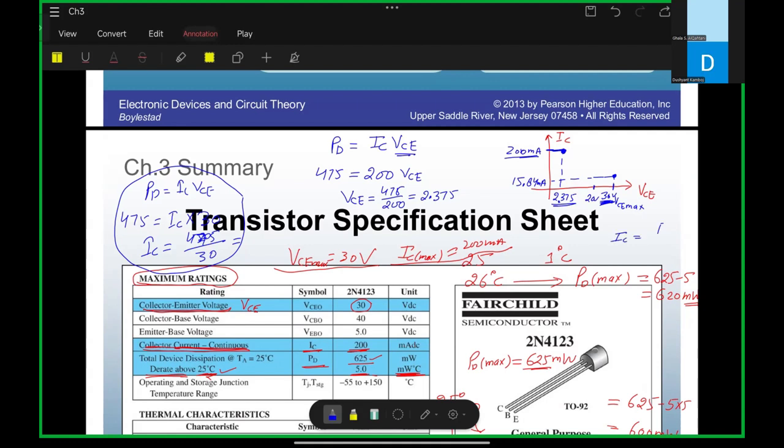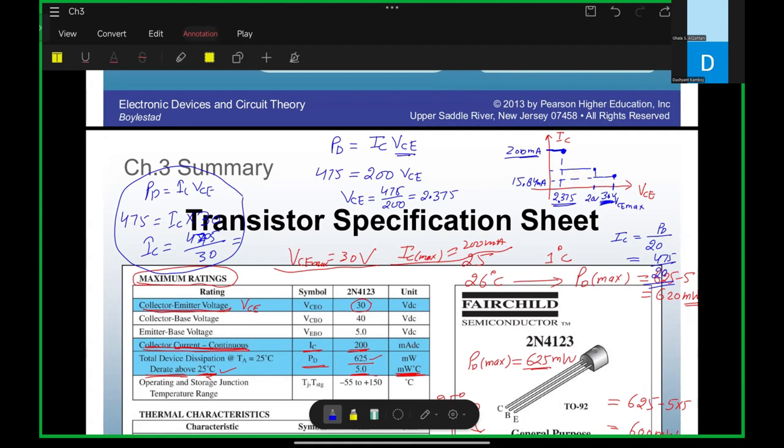IC is power dissipation upon 20 volt, 475 divided by 20. Can you tell me how much is this IC? 23.75. So mark that point here.